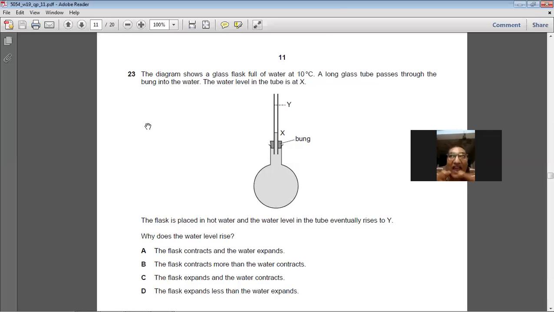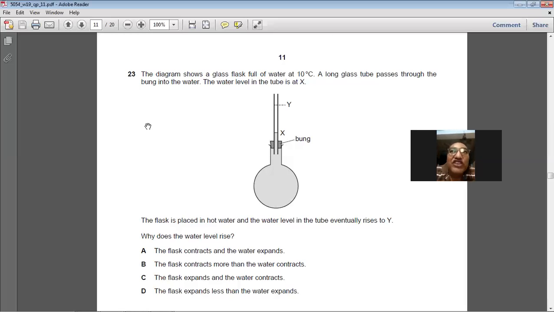The idea is if the flask expands, then the level of the water should go down. But the flask expanded and the water also expanded. Due to the expansion of the flask, the level of the water should have gone down, but the level of the water has gone up. No doubt the flask expanded, but the water also expanded.